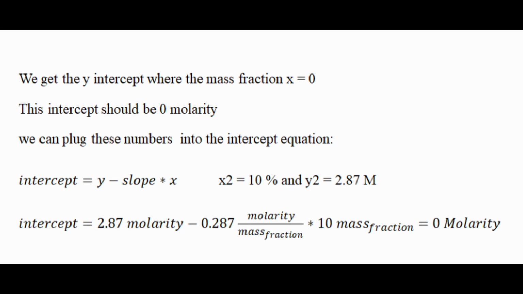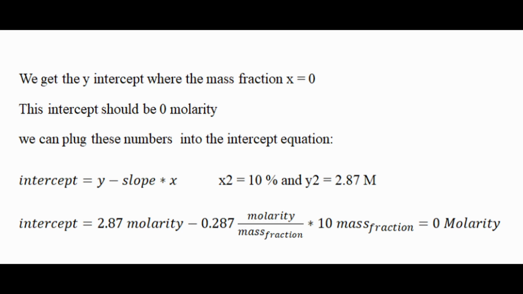Next, we get the y-intercept with a mass fraction x equals 0. We already know this intercept should be 0 molarity, but for the sake of the example, we can plug these numbers into the intercept equation. The intercept equals y minus slope times x.